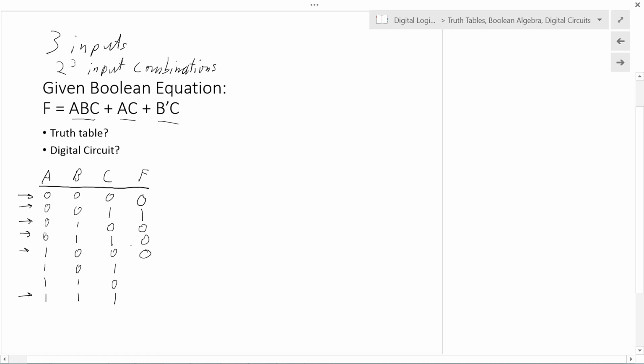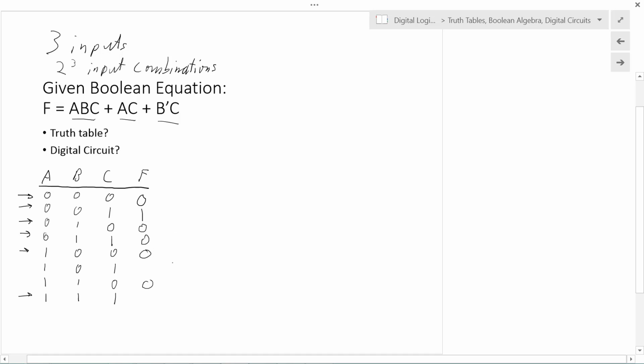In fact, let's use a shortcut here. We know that for any case where C is 0, the f value is going to be 0. So let's just use a shorthand. For here, here, here, and here, we know that C is 0 and therefore f is 0 because all three terms have C equal to 0.